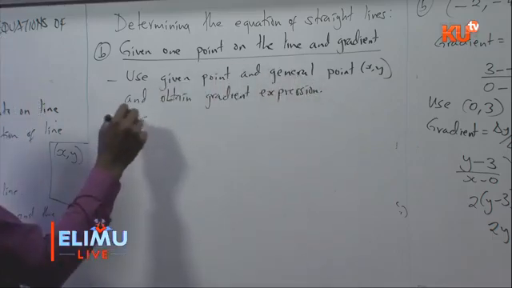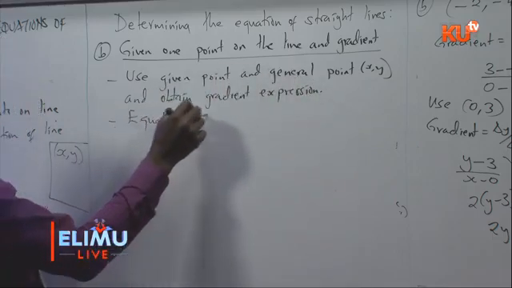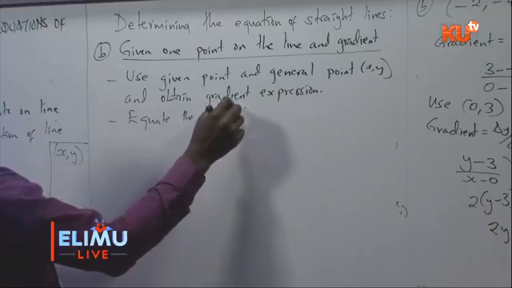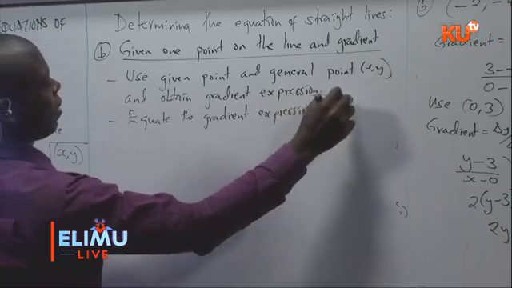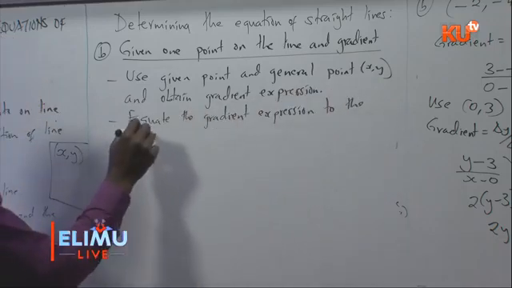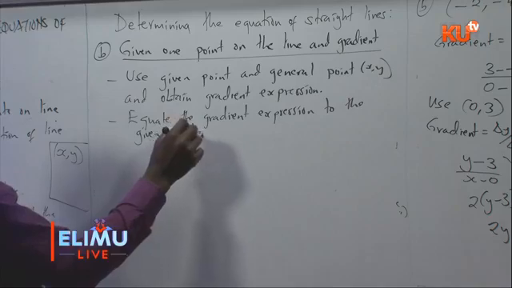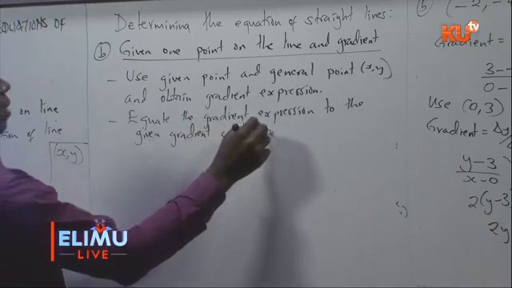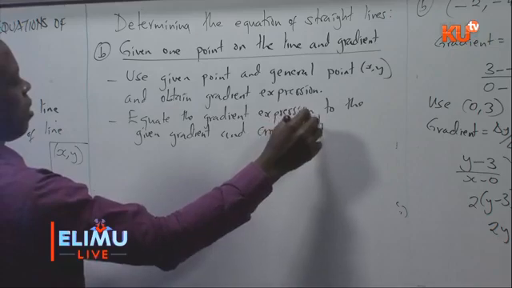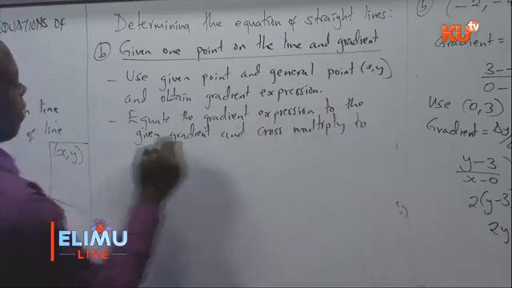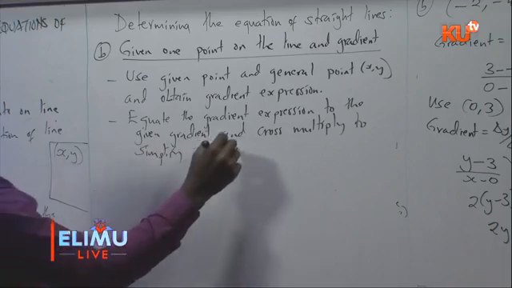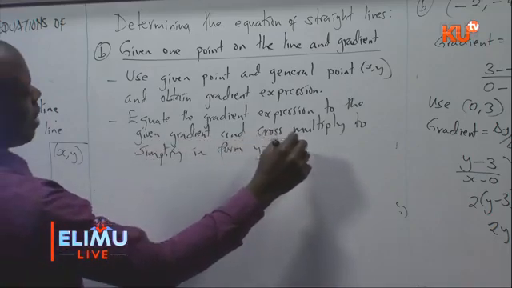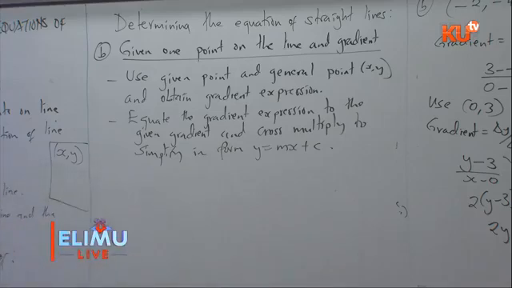You equate the gradient expression to the given gradient, and cross multiply to simplify. You simplify in the form y is equals mx plus c.